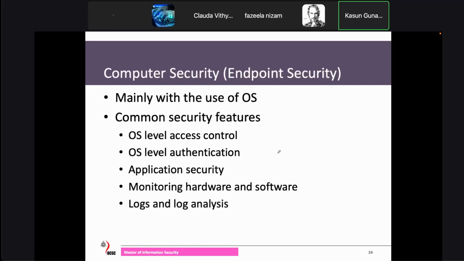Common computer security features include authentication, OS level authentication, OS level access control, application level security, and hardware software monitoring logs, all these things. These features vary from one operating system to another. So it's basically vendor specific features.